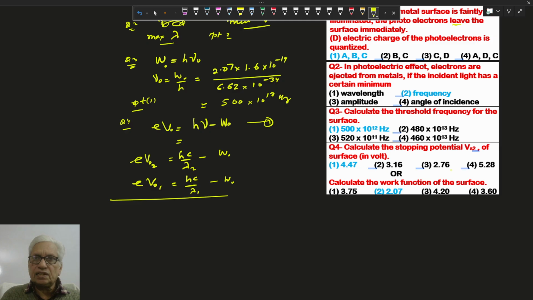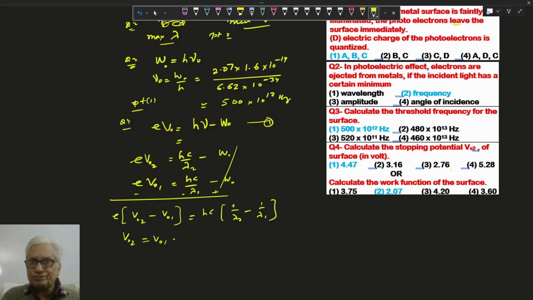If we subtract, eV naught 2 minus V naught 1, the work function will be cancelled out, equal to hc times 1 upon lambda 2 minus 1 upon lambda 1. Taking e down, V naught 2 minus V naught 1 equals hc by e times 1 upon lambda 2 minus 1 upon lambda 1.